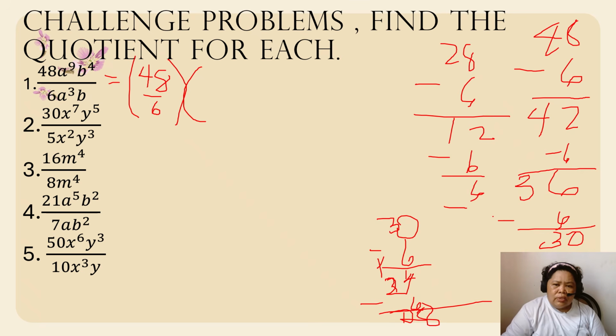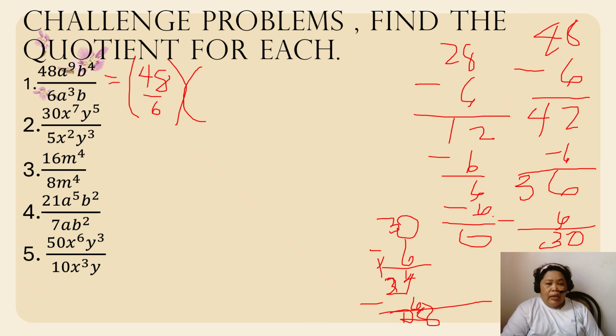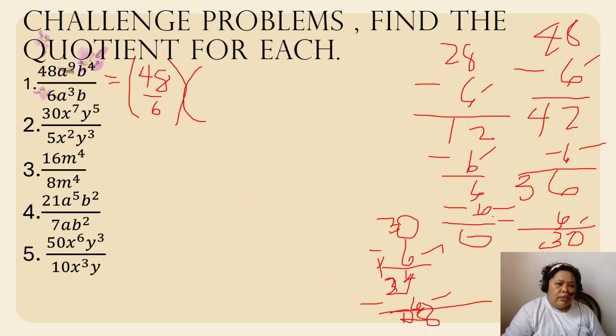And 6 minus 6 equals 0. So how many times did we subtract the 6? We have 1, 2, 3, 4, 5, 6, 7, 8. So we got 8 here.